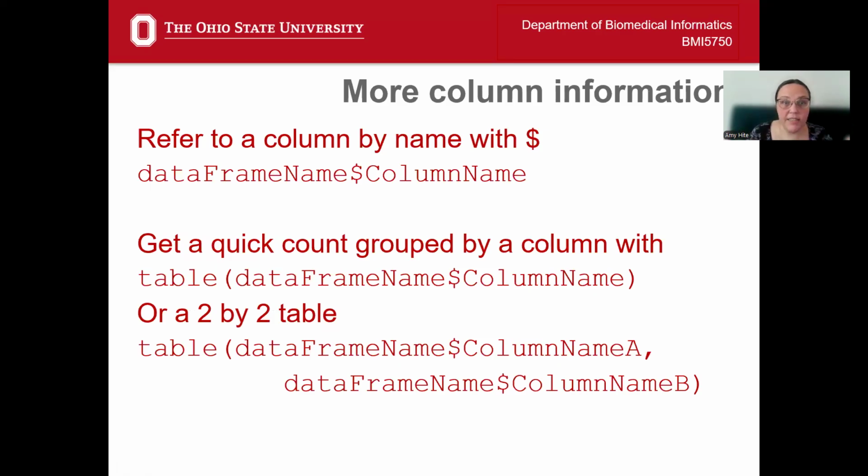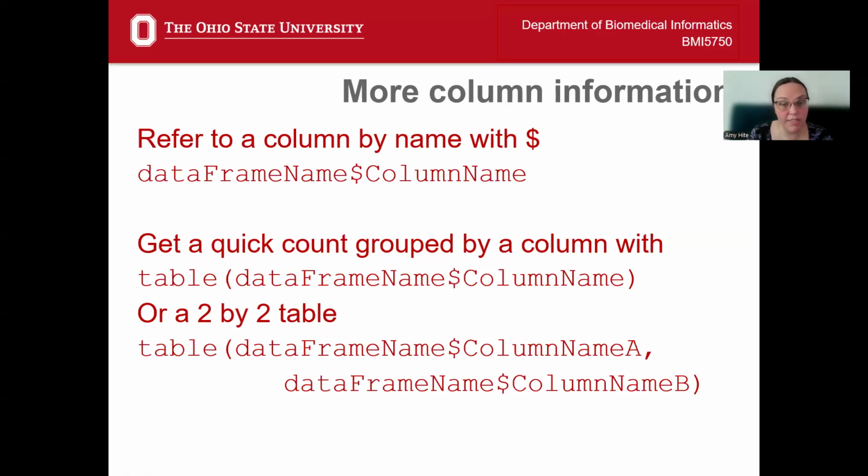Now we've seen this notation a lot. I've talked about table name$column name, and that's how we can refer to a specific column by name in our data frame. We can use this to, for example, ask for a table of this column. It's going to go through every value in this column and count how many times that value happens.